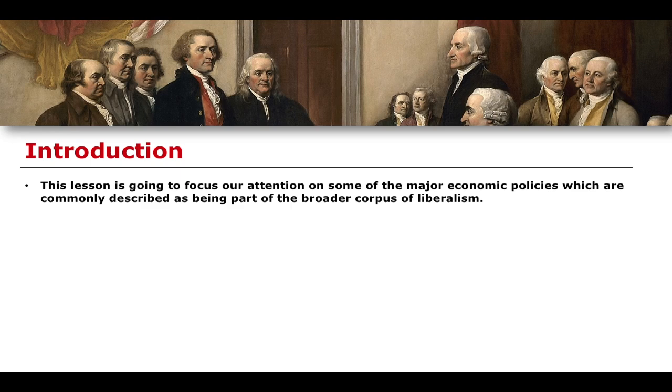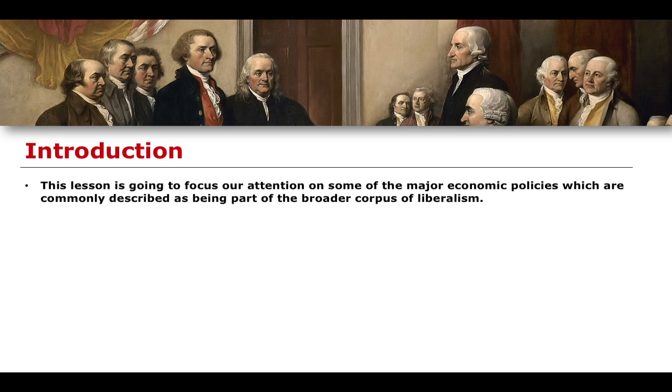So what does liberal economics actually look like? We looked in the previous lesson at how basic classical liberalism and liberal ideas deal with the social aspects and the ways in which they interact with things like the state of nature and the debate that is then given rise to in relation to Thomas Hobbes on the one hand, and then individuals like John Locke on the other hand.